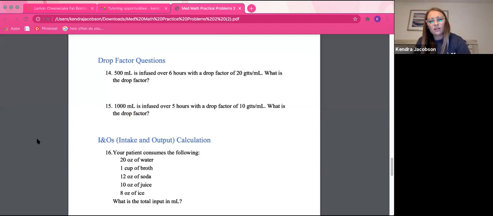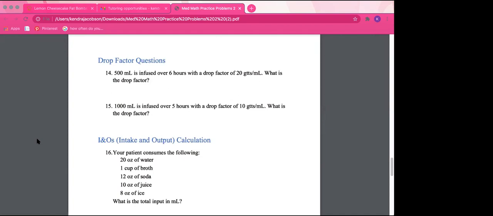Moving on, we're going to go to the 12 ounces of soda. So since you are still intaking that fluid, even though it is not water, it's still going to be included on our intake. So can someone tell me how many milliliters are in 12 ounces? 360.